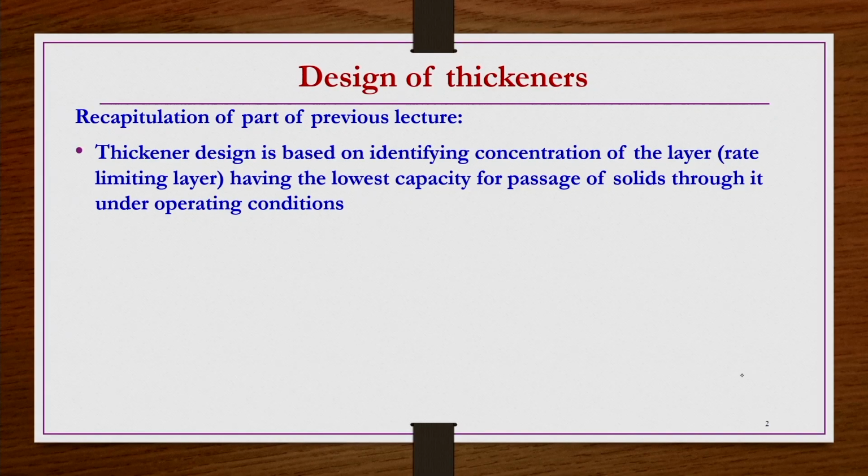Okay. So, thickener design is based on identifying the concentration of the layer having the lowest capacity for passage of solids through it under operating conditions. In the thickener design calculation we started in the previous lecture, we started with identifying a layer which has the lowest capacity for passage of solids through it, and that layer is initially assumed to be at the bottom of the thickener, and then it gradually moves up with a velocity VL bar.